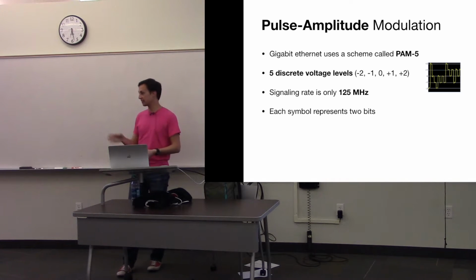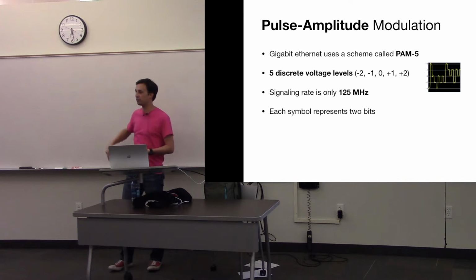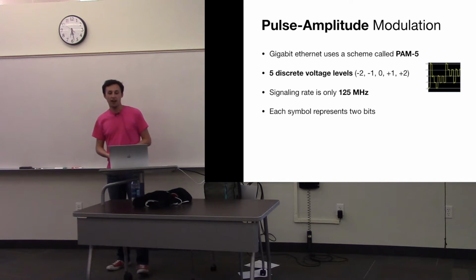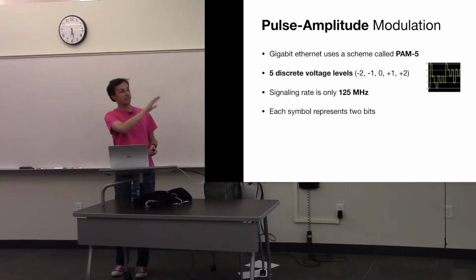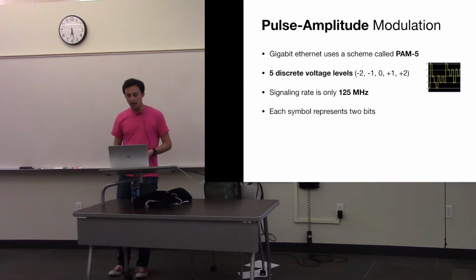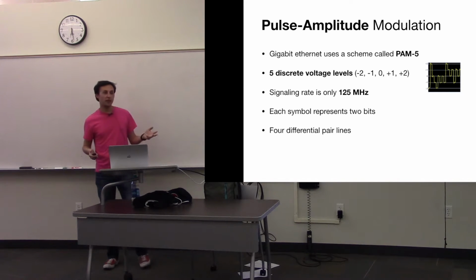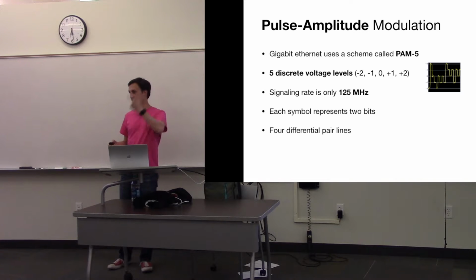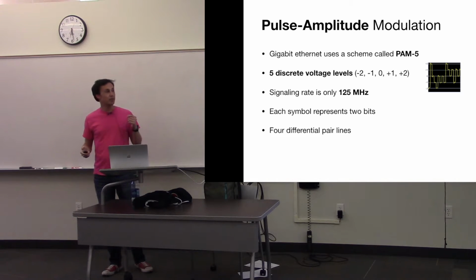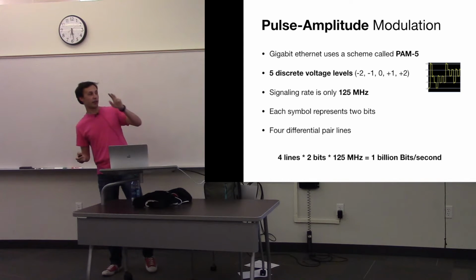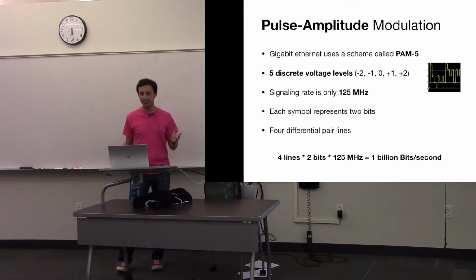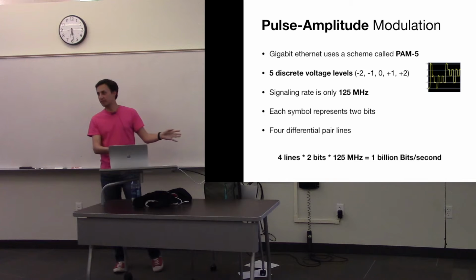And that's 2 bits because it's 5 voltage levels, but we actually move between all 5 in a certain way in order to encode only 2 bits of information per 5 discrete value signal. And then we also have 4 differential pair lines, each of which can have a single symbol on it. Which means when you multiply all this together, you get 4 lines at 2 bits per symbol at 125 million symbols per second, which multiplies out to a billion bits per second.